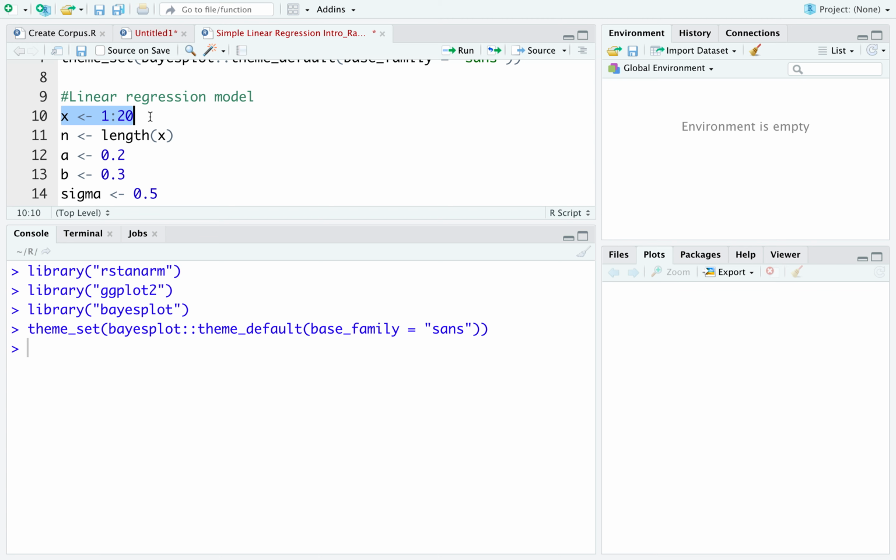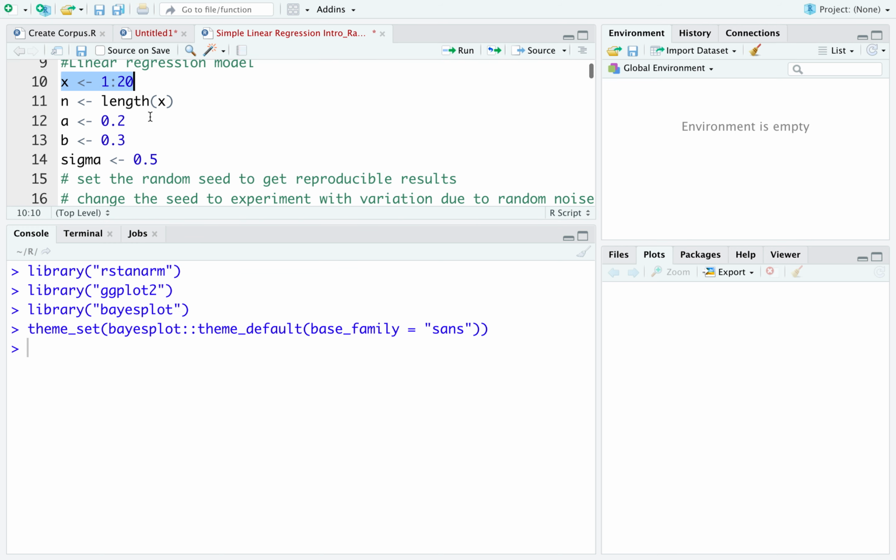Here, X is just the sequence of numbers 1 through 20, and the length of the data vector is going to be 20, of course, because the length of X is 20. These are going to be the true coefficients of a generating regression model, A and B. A is 0.2, B is 0.3.